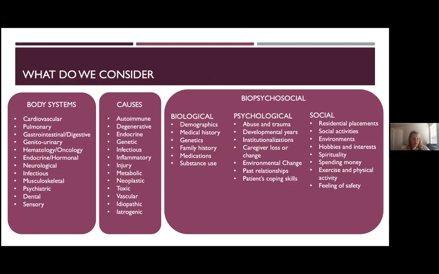So this is a how doctors think kind of slide, and it's how we come up with a differential. We consider different body systems like the cardiovascular system or the neurological system. I've also added dental and sensory here as subsets, as they might get lost in the broader context of systems. We also consider various causes of different behaviors and disorders, like infectious or toxic.